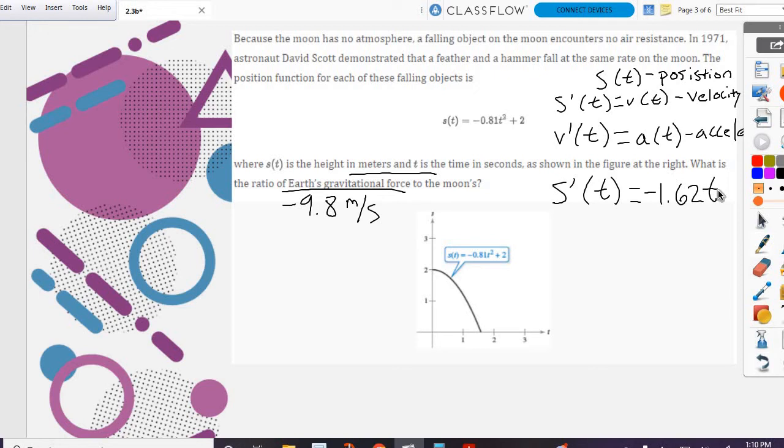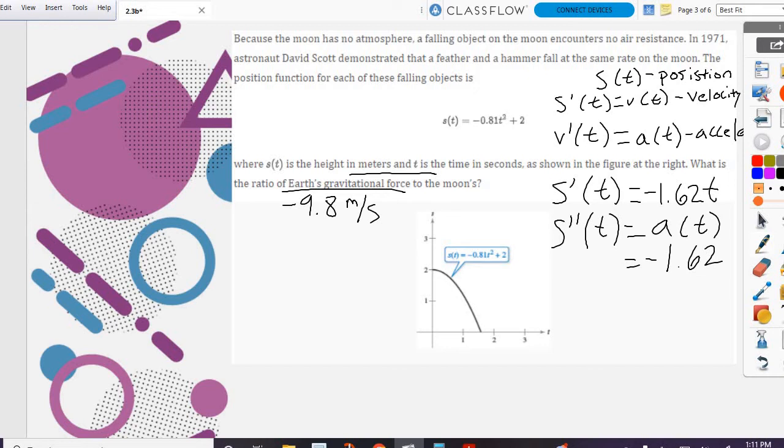If I want to know the acceleration of that, what would I do? Take the derivative again. So this would be my second derivative, which is also my acceleration. And what do we get? 1.62. Okay?